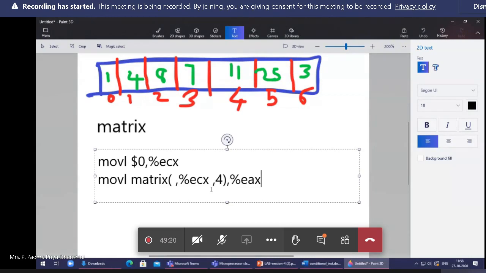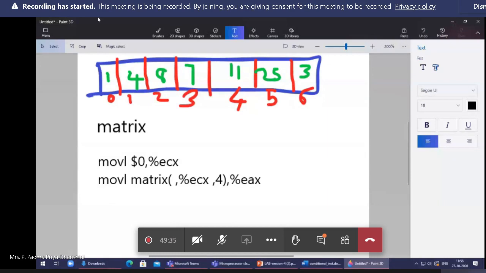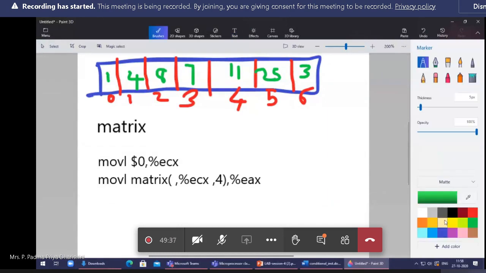And what is our purpose? We want to move 0 to this location. We want to change this 1 to 0. That's what we are discussing.